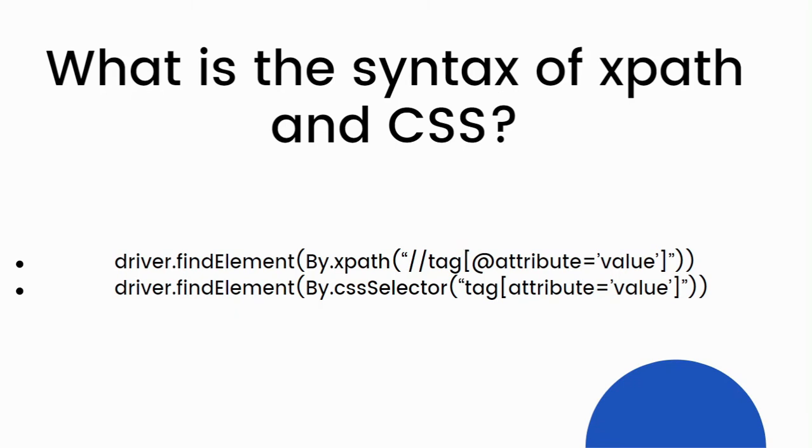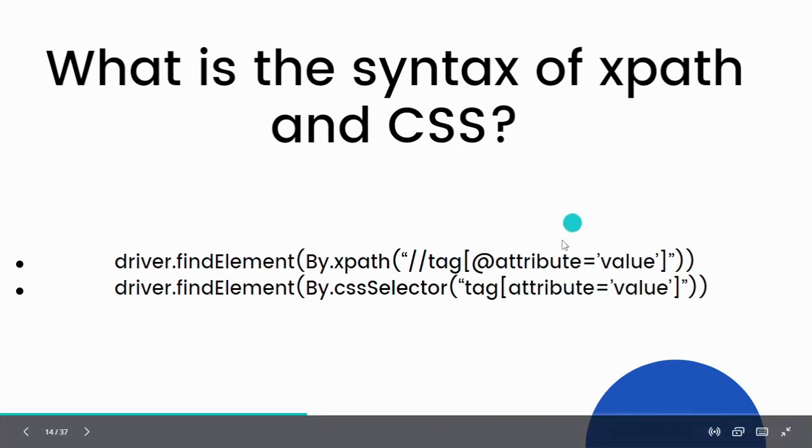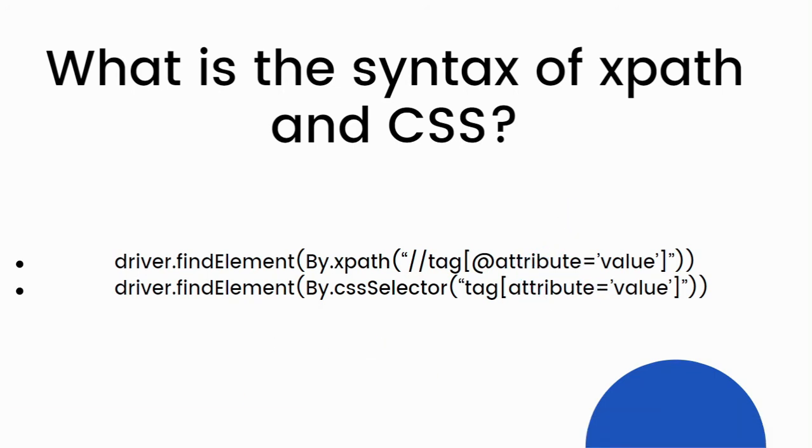And the attribute refers to the attribute of that particular element tag. The attribute can be the class, value, type, ID, so it can be any. This is the format of writing xpath for any web element: / followed by tag and @attribute equals value.